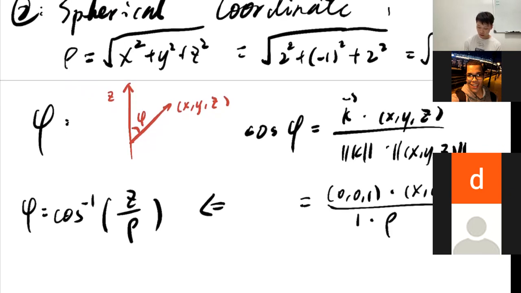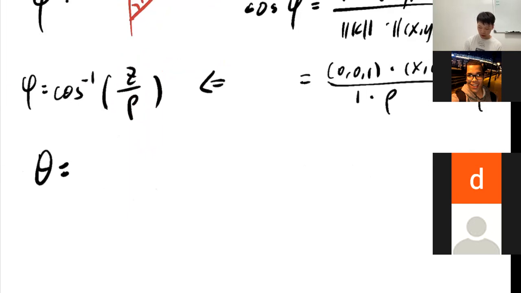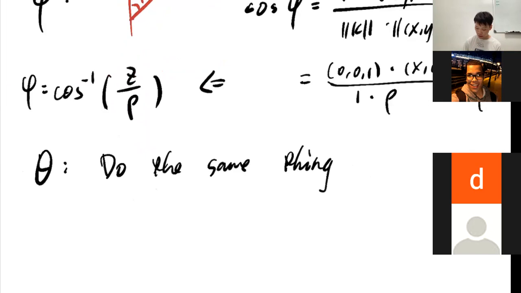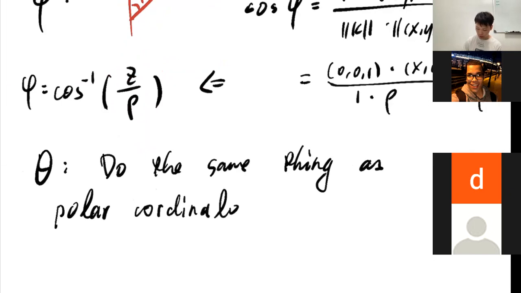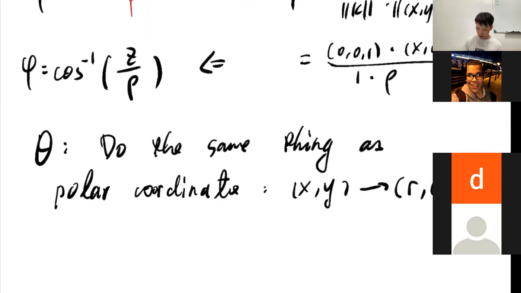Right. And how do we determine theta? We do the same thing as, you know, polar coordinates. So now we have x and y, we convert it into r and theta. So in this case, only in this case, your r is given by the formula rho sine phi.